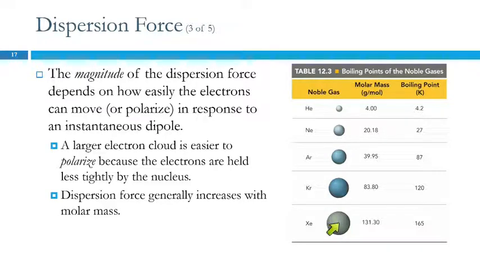The nucleus is very small, but xenon is much larger than helium, and the electrons on the outside are quite far away compared to helium from the nucleus, and so they're not held as tightly. I think of xenon as being kind of a big flabby atom, right? And so, like a jelly or something, and so the electron cloud can get shifted around quite easily. Whereas helium only has 2 electrons, and those are held quite tightly to the nucleus, and so those are much harder to shift around.